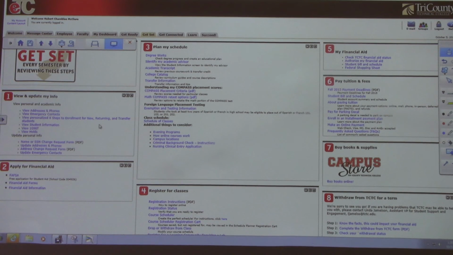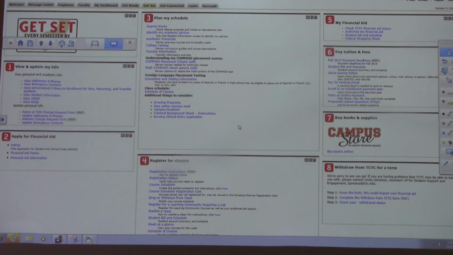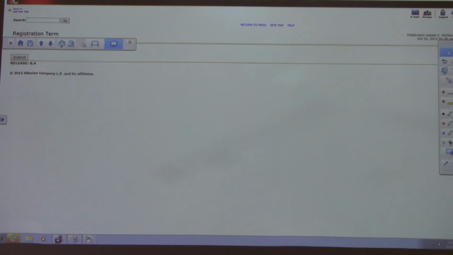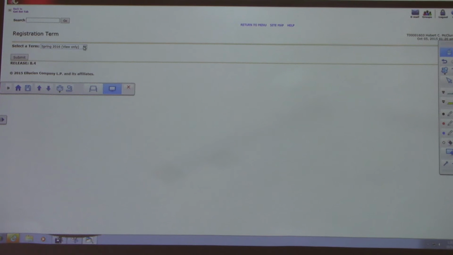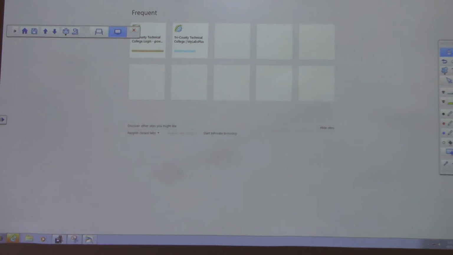It says View Advisor or something, right there, identify my academic advisor. There we go. It'll say what semester, and you do fall 2015. And of course, I don't have an advisor. So, who wants to know their advisor? All right. Come on up here and you can pull it up.